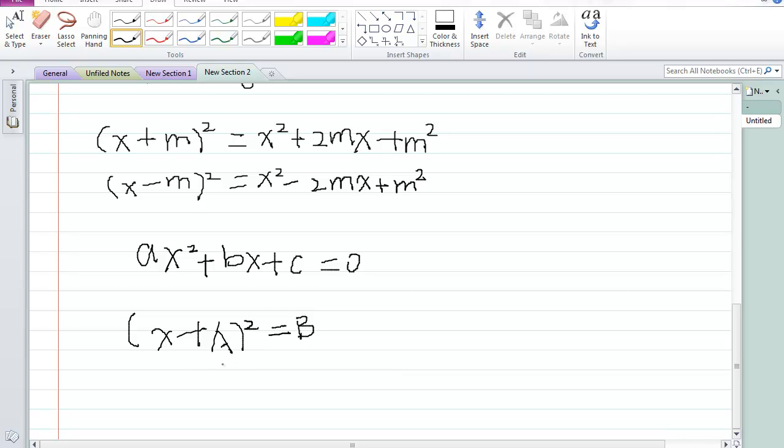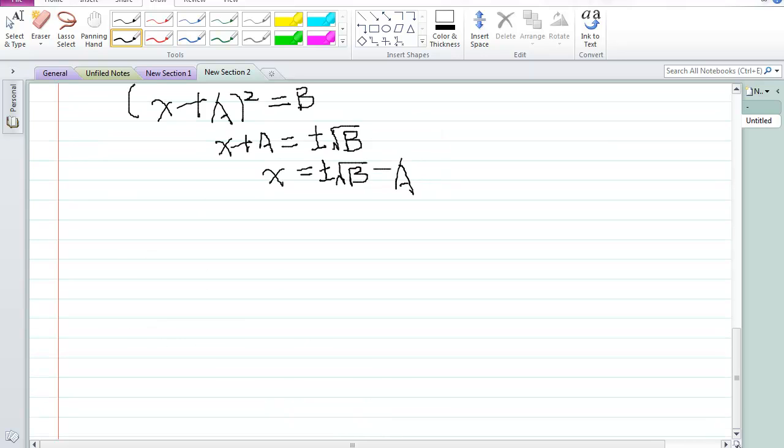Something squared equals something, and we can directly find the solution, equal to positive and negative square root b. And the x solution would be positive negative square root b minus a.